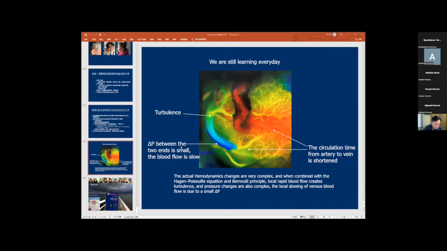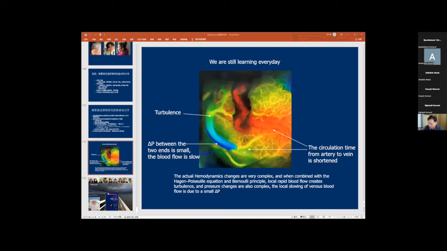So the delta P between these two ends is very small, and the blood flow is very slow. But actually the pressure in this vein is quite high, increased a lot.